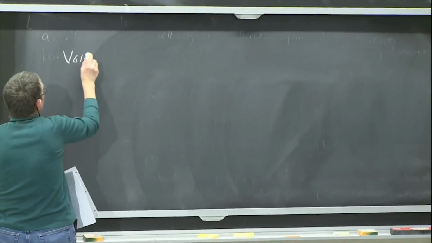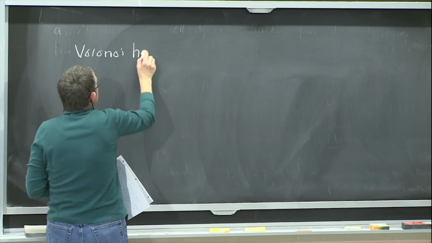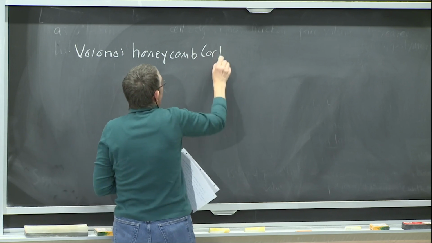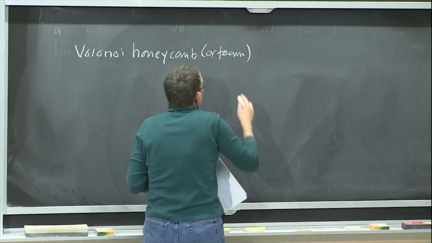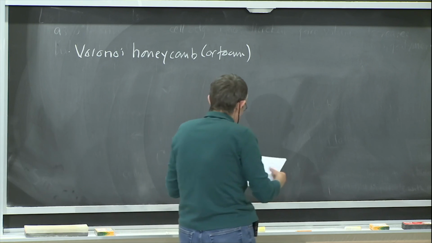Okay, so the Voronoi honeycomb, or the foam, you can form that by drawing the perpendicular bisectors between the random points.